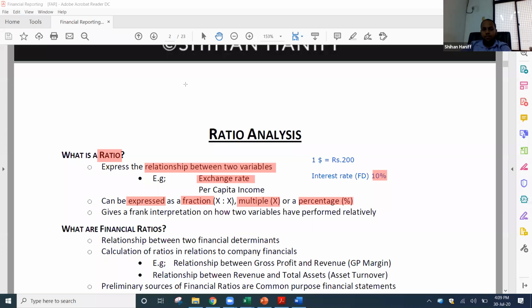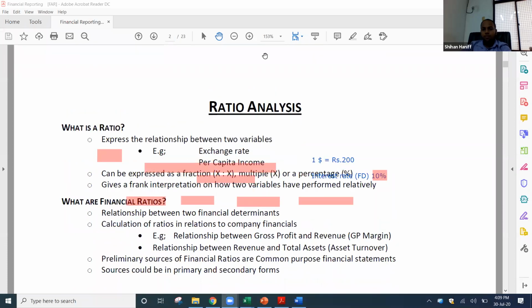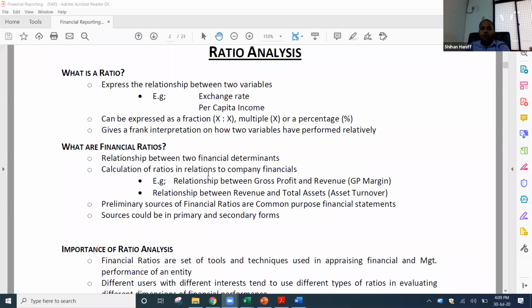Right? So next, what you need to know is, earlier we talked about exchange rate, bank interest rate. Now here in the syllabus, we mainly target financial ratios. So what is meant by financial ratio? Financial ratios are the relationship between two financial determinants.